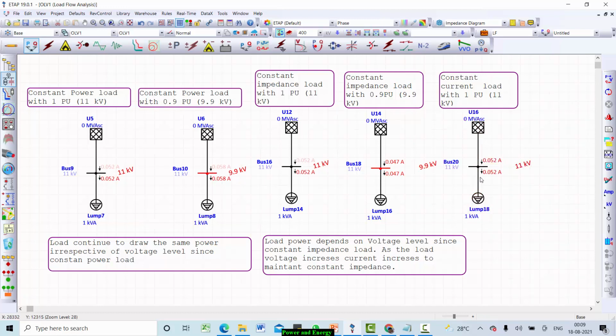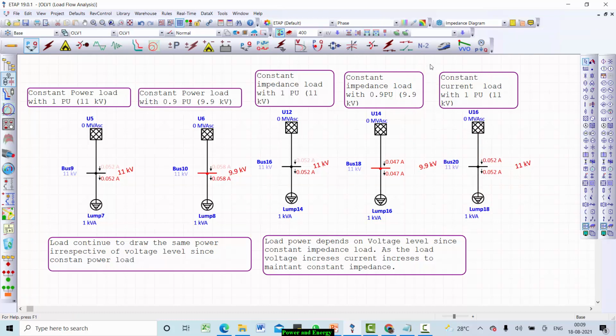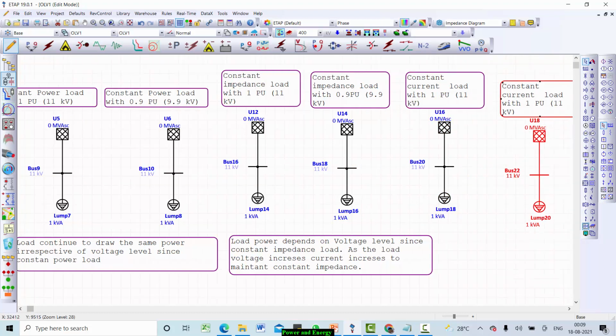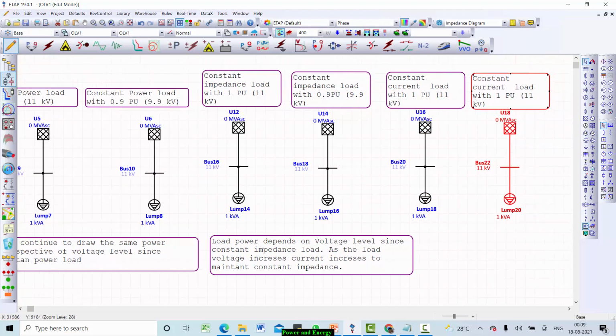You could observe here the current drawn by the load is 0.052. Let me copy and paste the same model with 0.9 per unit.